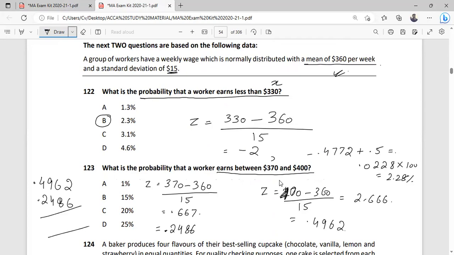The difference between these two values is 0.2476, in percentage 24.76%, like 25%.